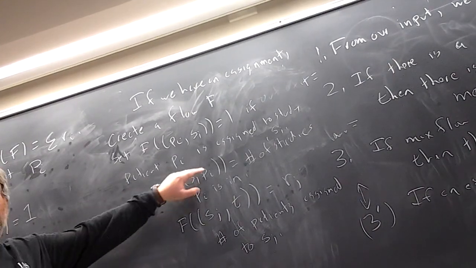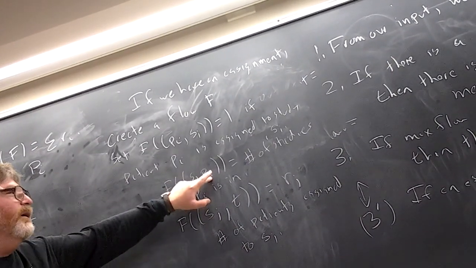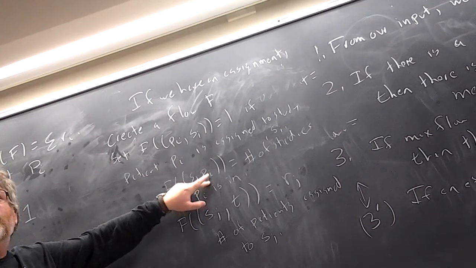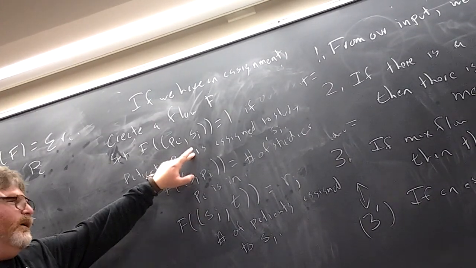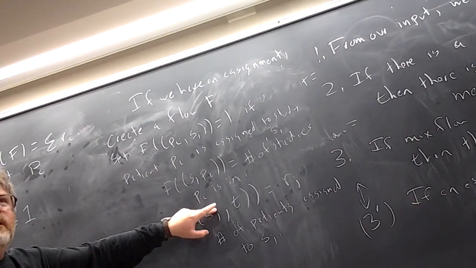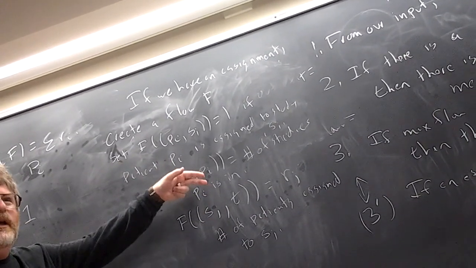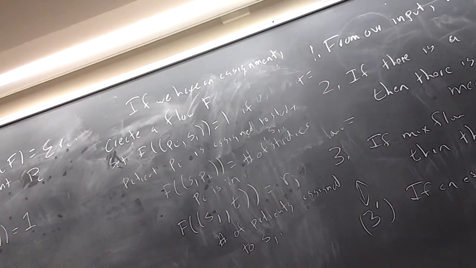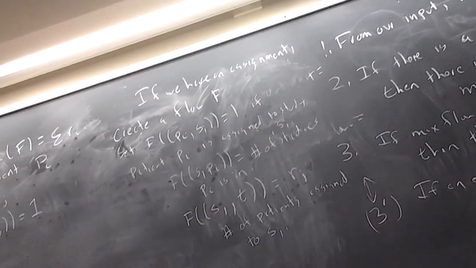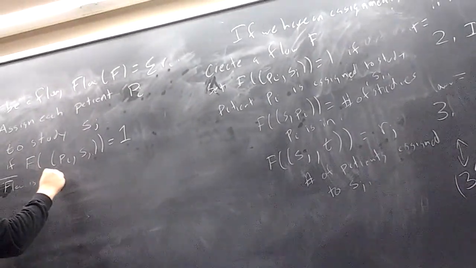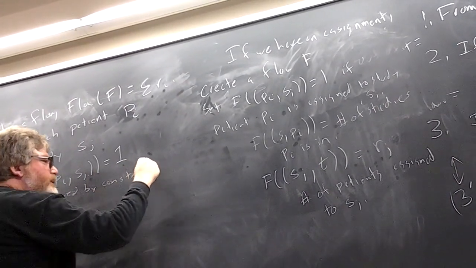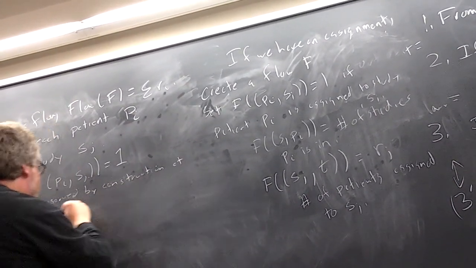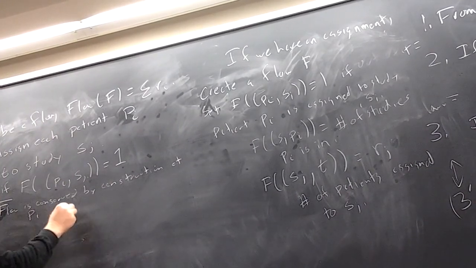Now we've met capacity, and we have conservation here because we assigned the incoming flow equal to the outgoing flow. We have conservation here because the incoming flow is Rj. So flow is conserved by construction at each PI.